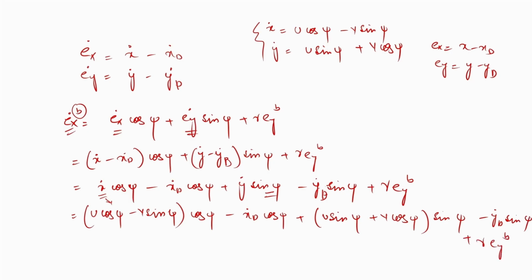Okay. So now we simply have to do the multiplication. This cos psi will be multiplied with this one. So this becomes u cos square psi minus, now it will be multiplied with this one, so v sine psi cos psi. Okay, I will write this at the end. So let's do this multiplication first.